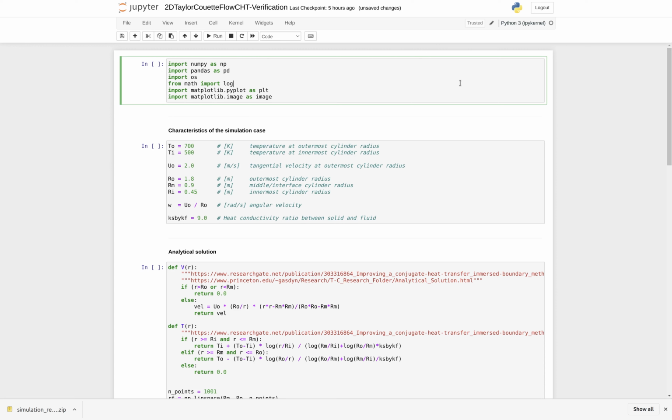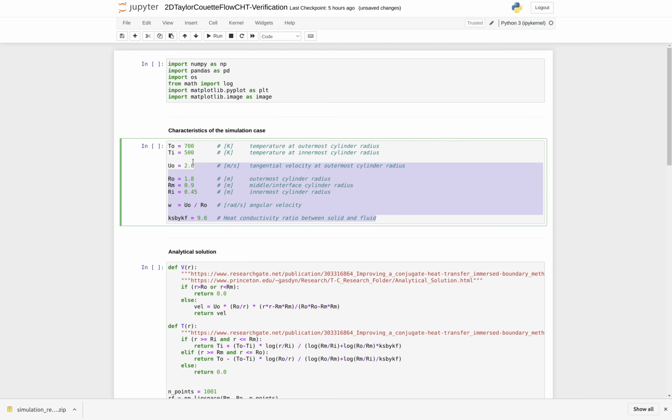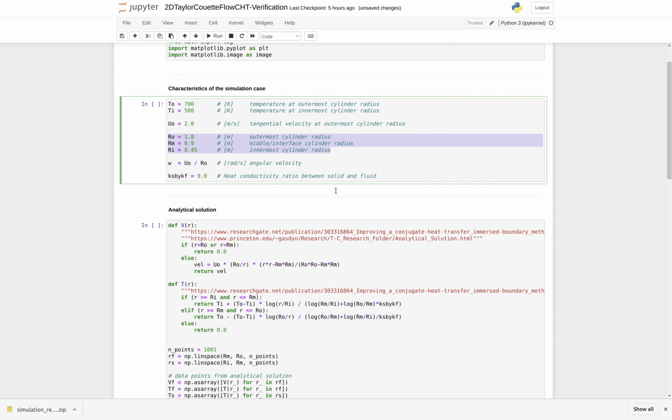And we have set up a Jupyter notebook to perform the verification by comparing the simulation results with the analytical solution. So we have defined the characteristics of the simulation case with the outer and inner surface temperature, the tangential velocity, and the required radius.